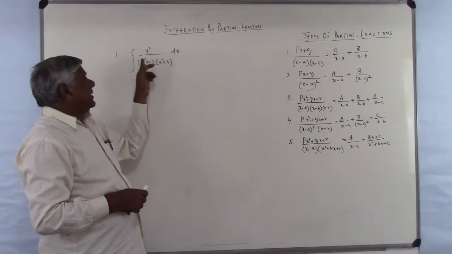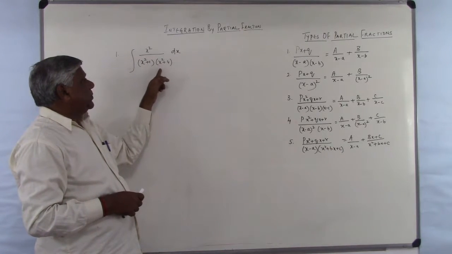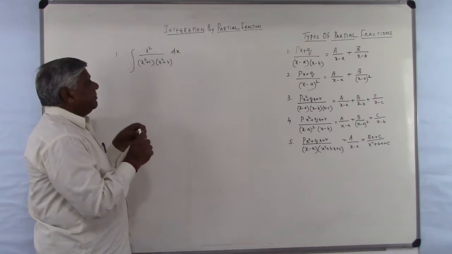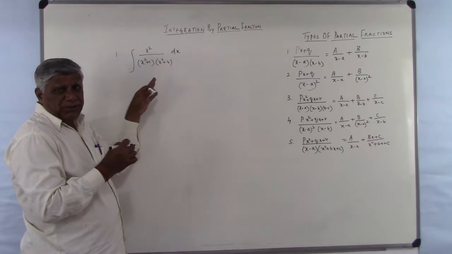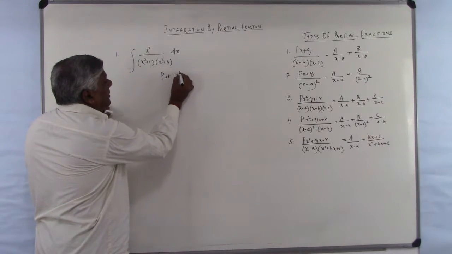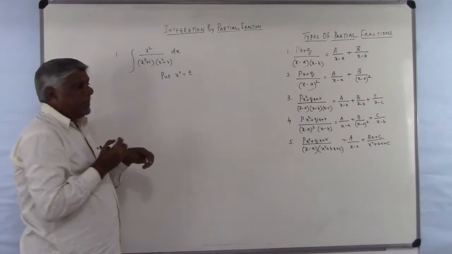Now I have taken this problem, integral x square over (x square plus 1)(x square plus 4). The method to solve this problem is to put x square is equal to t.